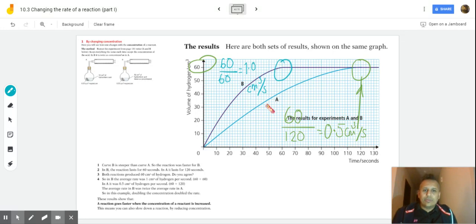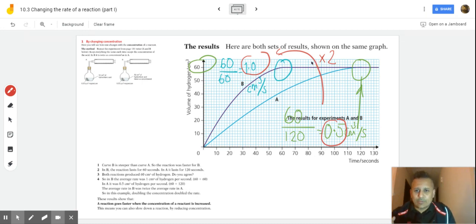So you can compare the 1 with the 0.5, and you can see that there is a difference. Basically, when you use twice the concentration of the acid in experiment B, you have a mean average rate which is double the reaction rate in experiment A.